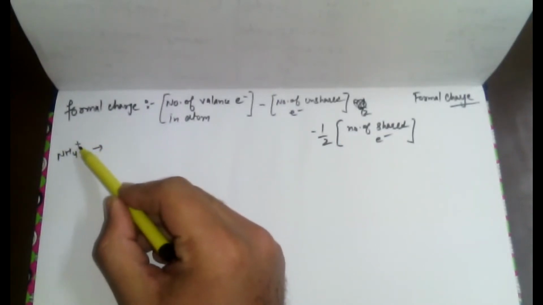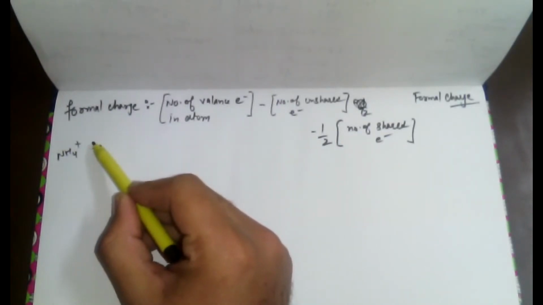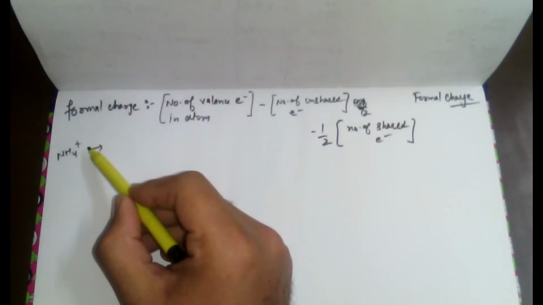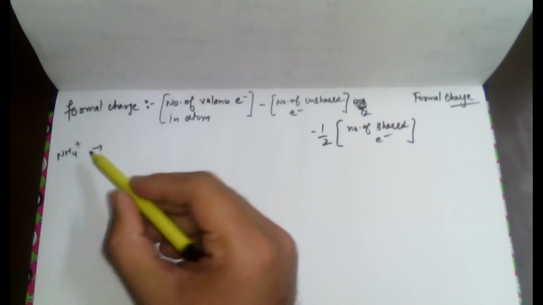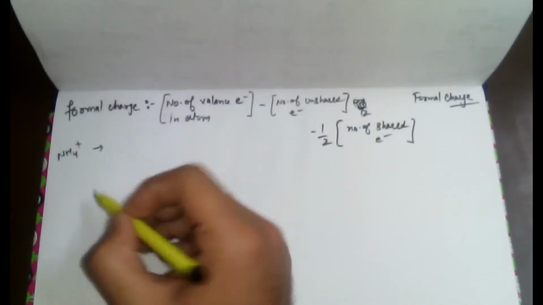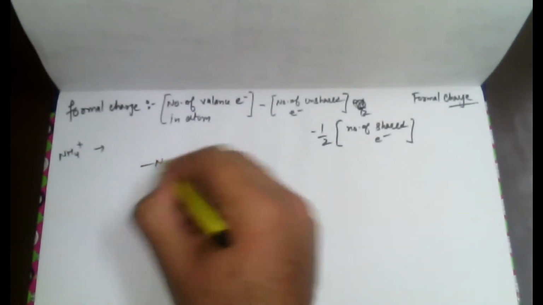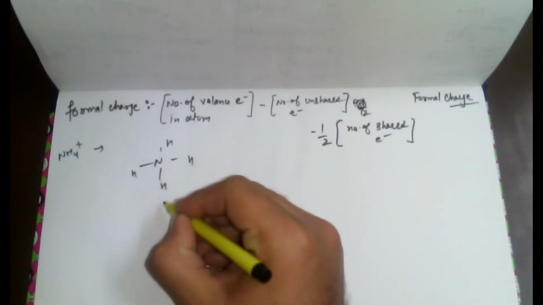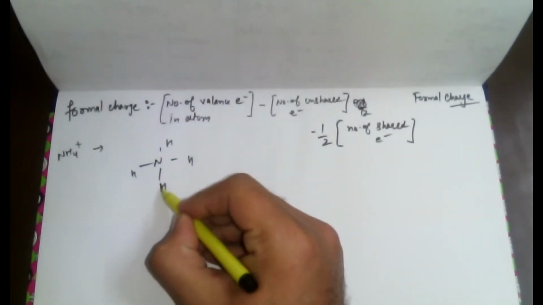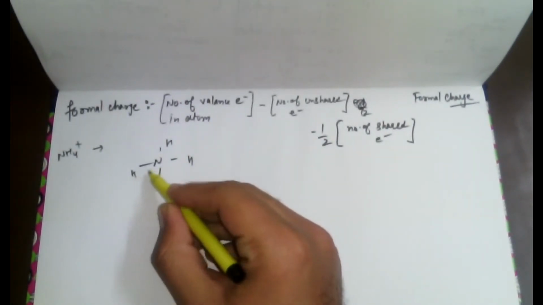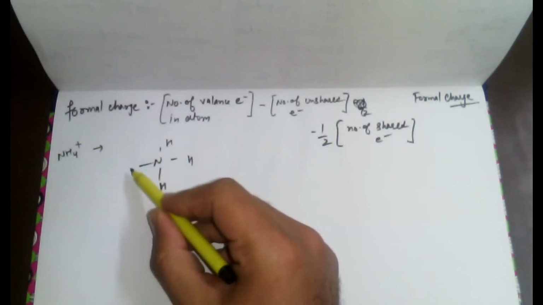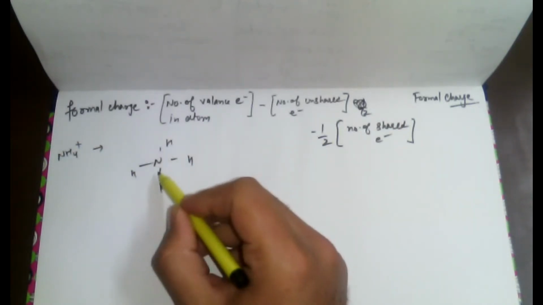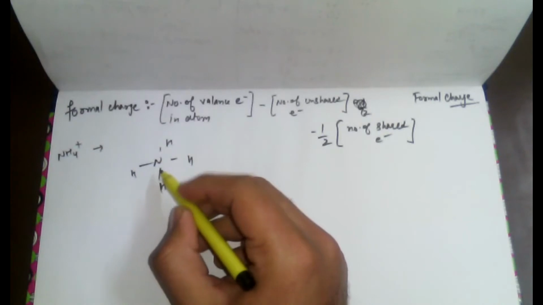Cationic means losing some electrons. After writing the Lewis structure, I am going to draw it. This is the Lewis structure, after contributing the electrons from all 4 hydrogens and the nitrogen.